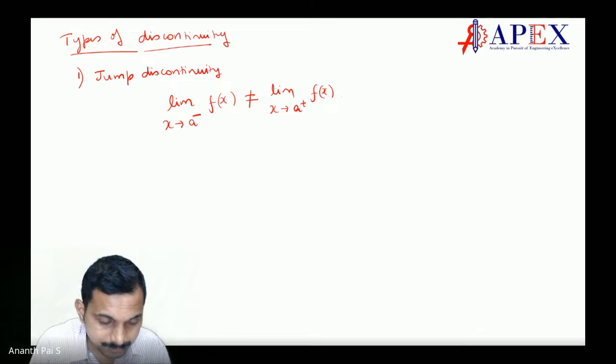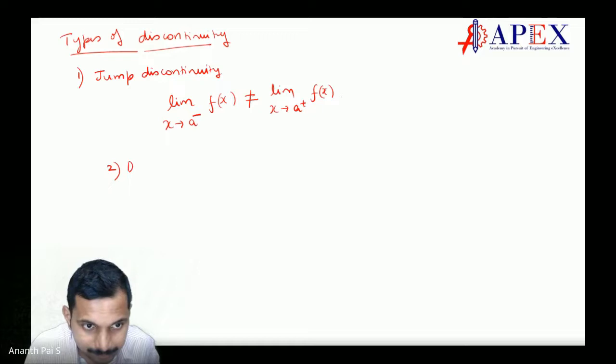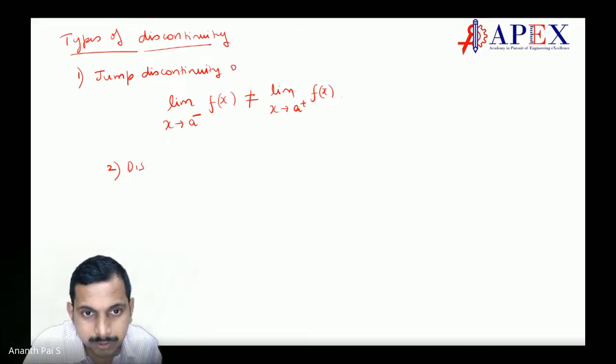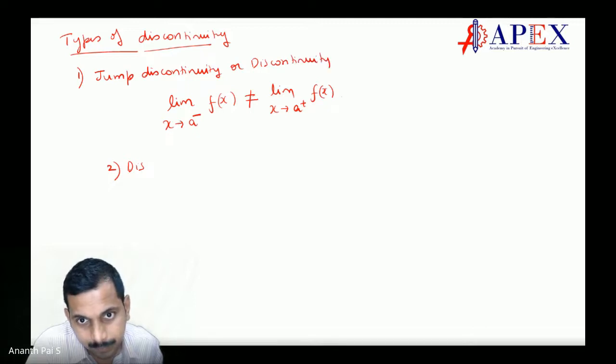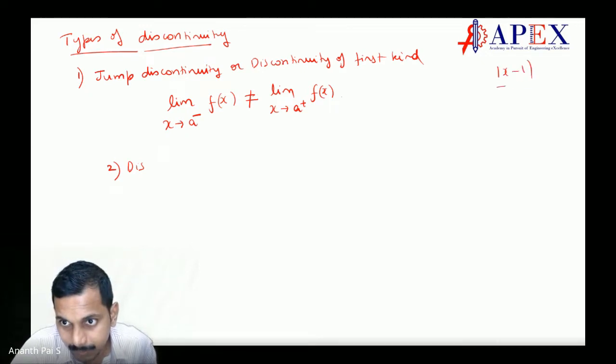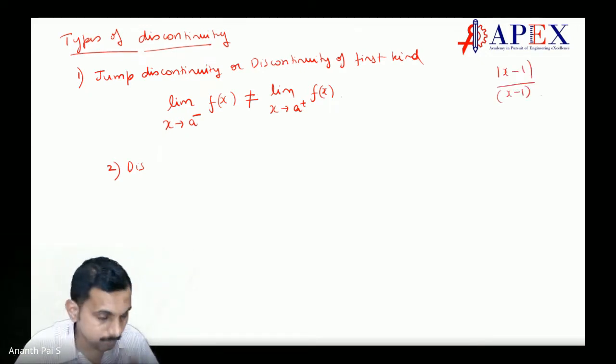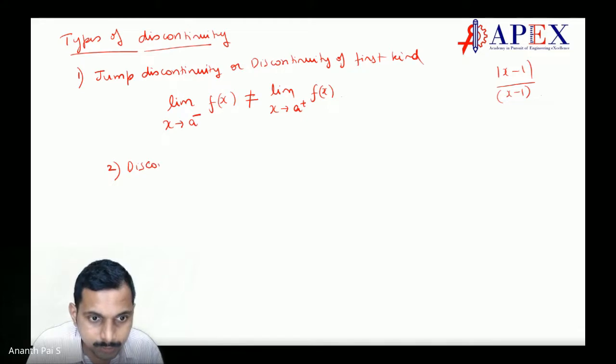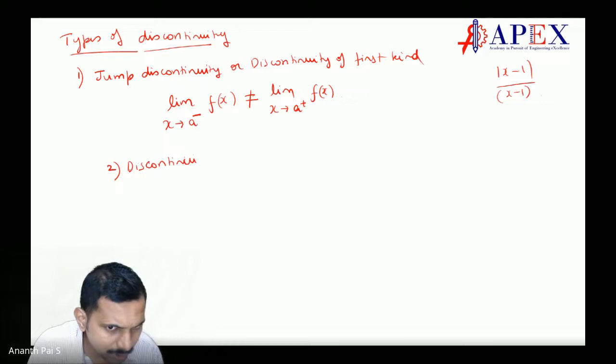Simple. Second one is called discontinuity of the second kind. The first one is discontinuity of first kind. This kind of jump discontinuity happened with modulus of x minus 1 divided by x minus 1, correct? Second one, discontinuity of second kind.